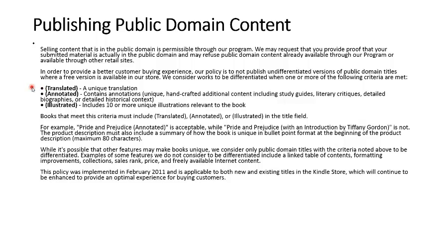And if they didn't have that published currently, you could publish it that way. All right, the second way is annotated. So it contains annotations. Annotations are unique, handcrafted additional content, including study guides, literary critiques, detailed biographies, or detailed historical content.